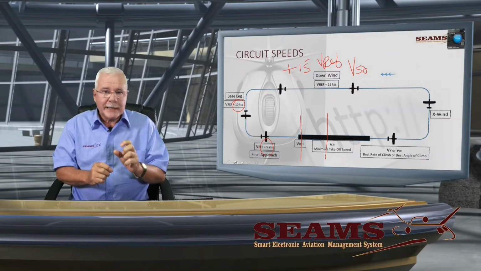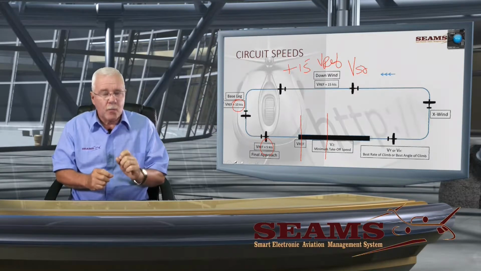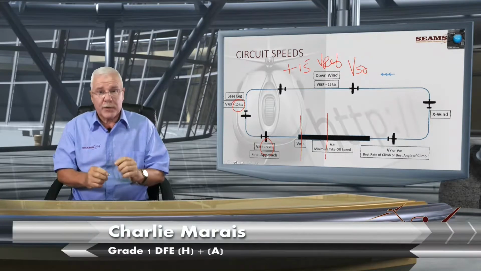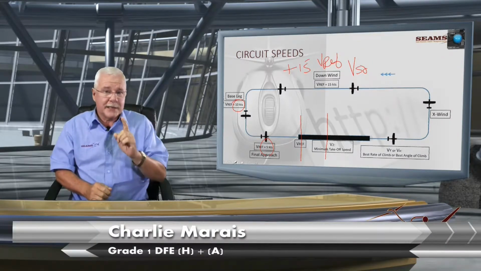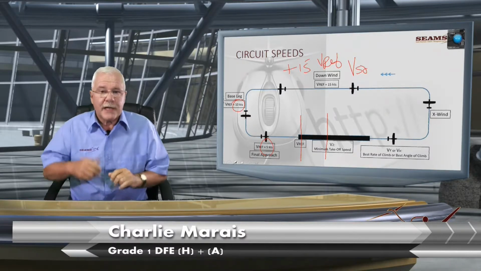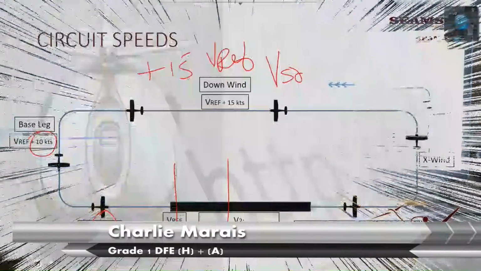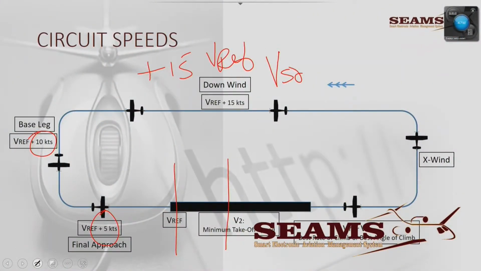The minimum unstick speed, and this is not the one that I'm using at this moment, because this is for normal operation. What you do is there's a V2 or V-rotate, and that's when you rotate off the ground and actually climb away. In this case, this is the speed. Then the aircraft must accelerate to, let's say, Vy, which is the best rate of climb.